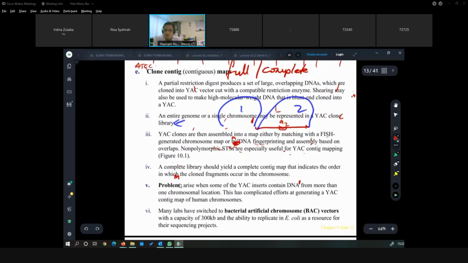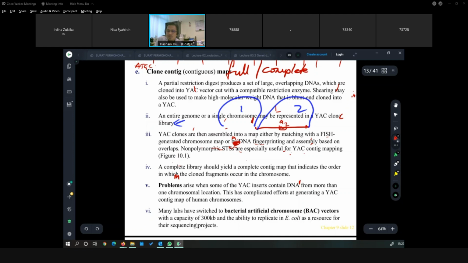Okay, so that is problem arise when some of the inserts, this clone, belong to more than one position. Okay, so many labs have switched to the bacterial artificial chromosome vectors with capacity of 300 kilobase and the ability to replicate in E.